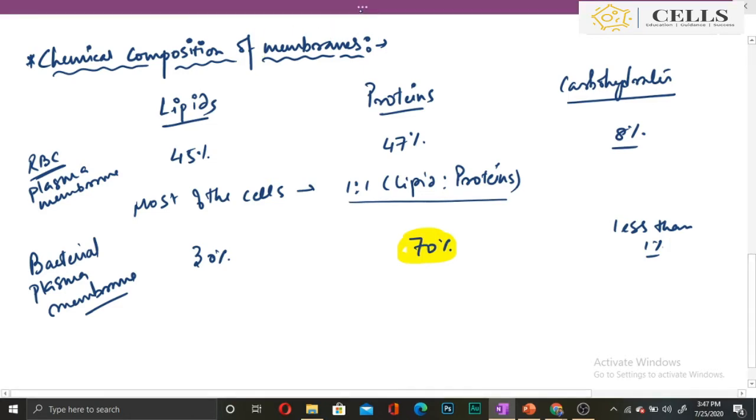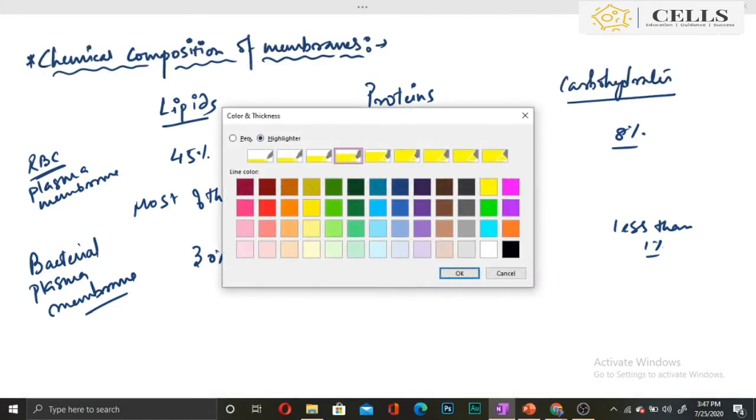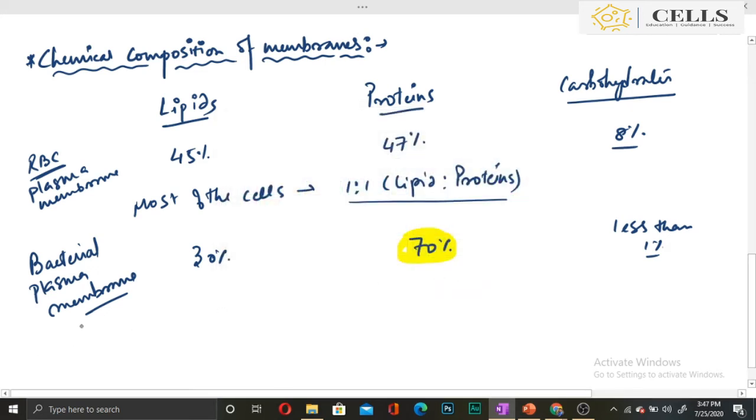Now see this very carefully. Bacteria have peptidoglycan, okay, but peptidoglycan is the cell wall, not the membrane. Bacteria do not have any mitochondria, so they have to perform the function of the mitochondria with the help of their plasma membrane.